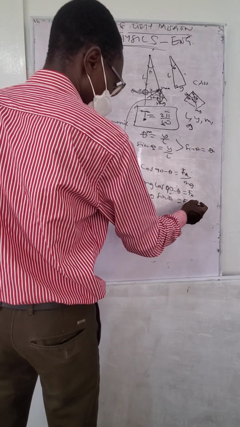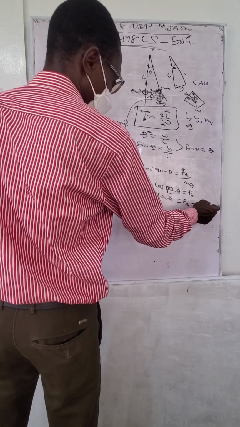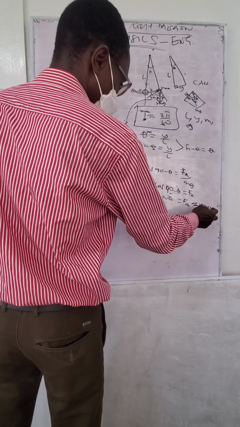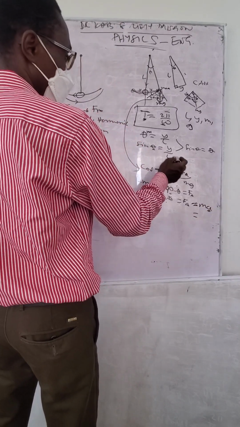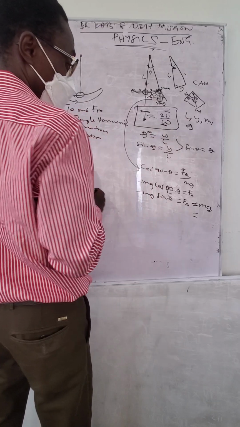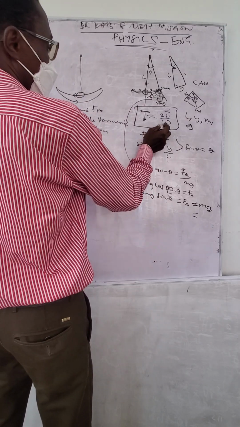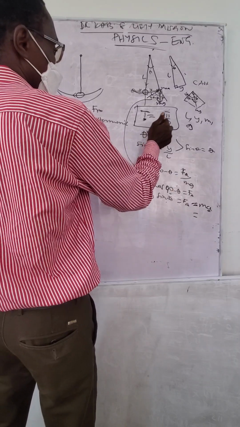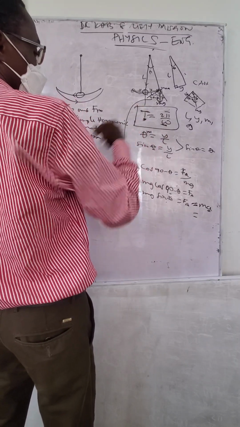So we know force is equal to mass times acceleration. Now this acceleration can be expressed in terms of what? Omega, because we have omega here, so that we can have an equation and put it to get some expression for t.